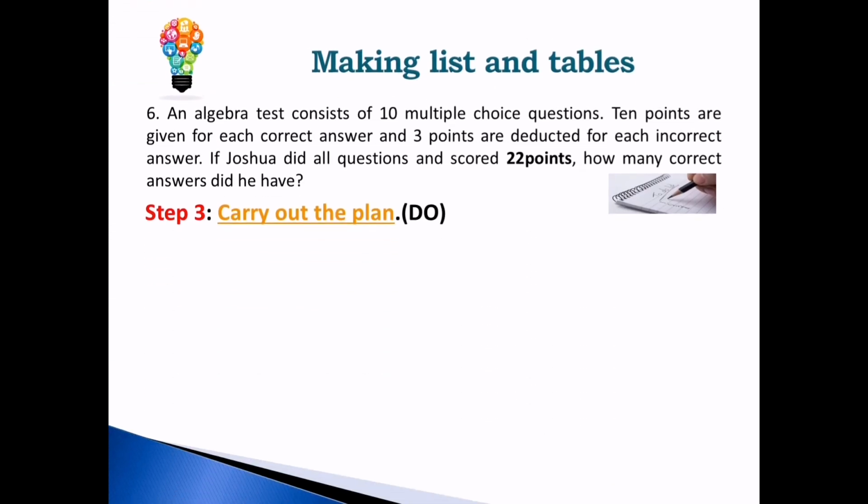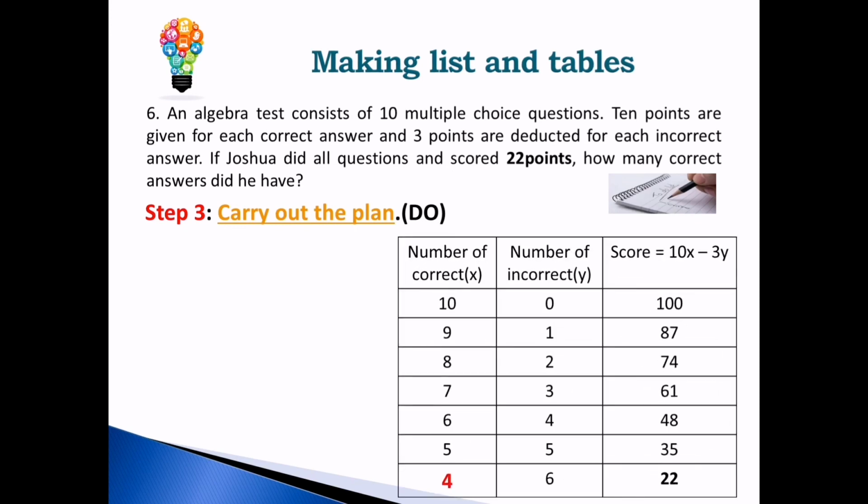Okay, so here, to carry out the plan, of course, we're going to use the table. How can we formulate the score in each row? Since we're going to answer all 10 items, assuming you get all of them correct, 10 is the number of correct and 0 is the number of incorrect. So 10 times 10 is 100, minus 3 times 0 is 0, so 100 minus 0 is 100.